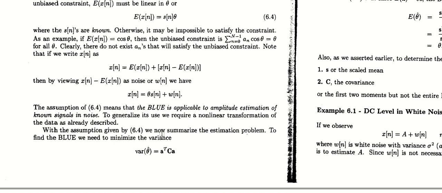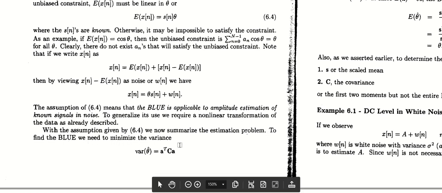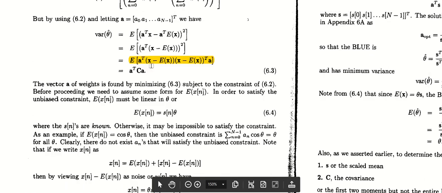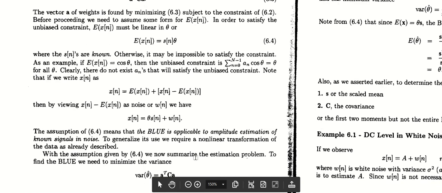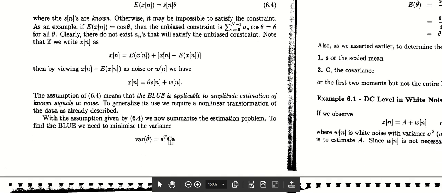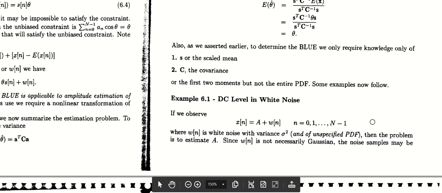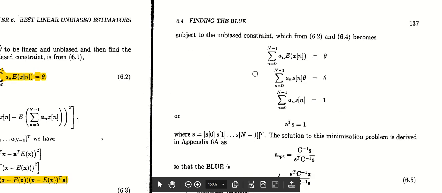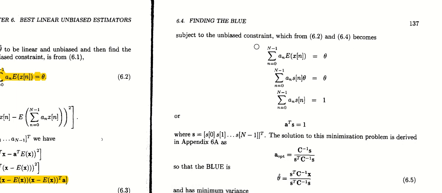With the assumption, we now summarize the estimation problem. To find a BLUE, we minimize the variance, which is described in terms of a^T C a, subject to several constraints. First, when you take the expectation, it has to equal theta. That is the unbiased constraint, so the summation of a_n s_n theta has to equal theta.